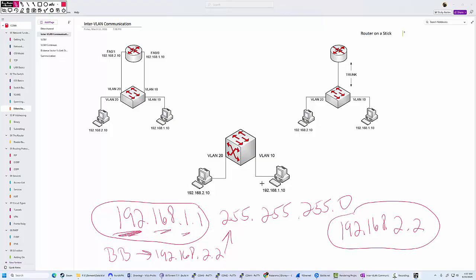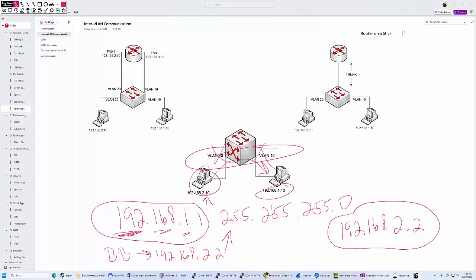So I will be able to communicate from this PC to this PC if this was not set and we're on the same broadcast domain, because remember, when you create different VLANs, you're setting up different logical broadcast domains. So if I got rid of this, put them both on VLAN 1, and manually put this MAC address in this table, I will be able to communicate with it on different subnets. But that's not the lesson here.